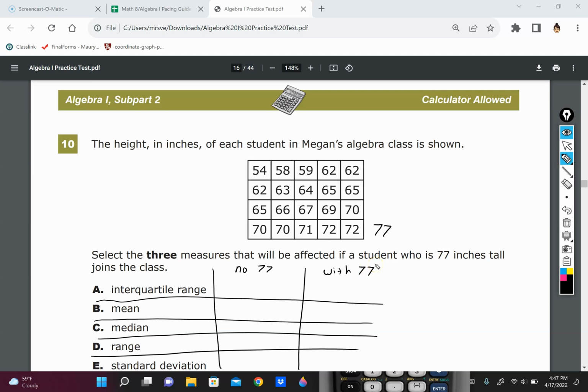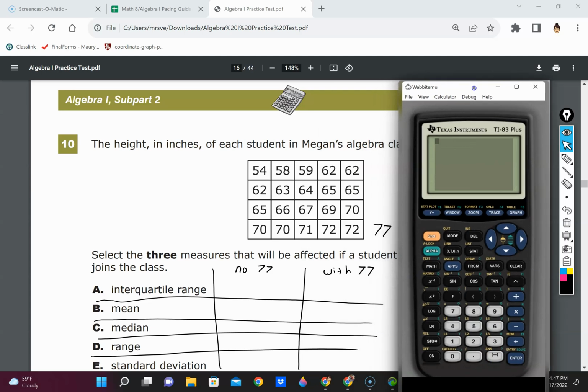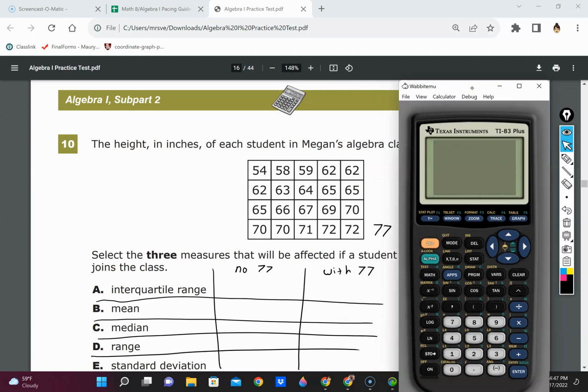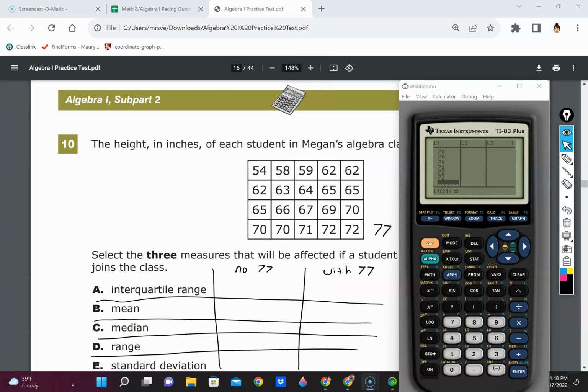So we're going to pull up a graphing calculator, and I'm going to enter the stat. We're going to edit, and we're just going to use list 1. So we got 54. So we've got all 20 pieces of data entered.